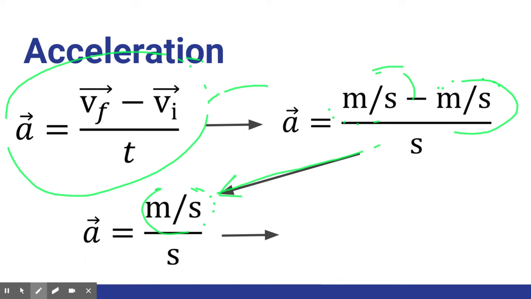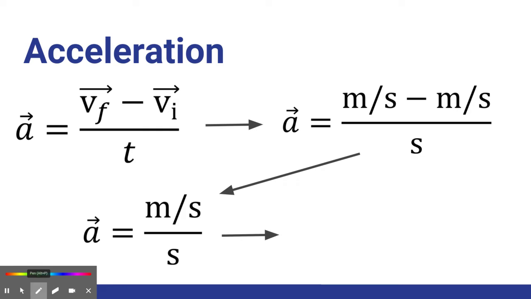We'd still have meters per second on top, but then we've got to figure out what to do here. Now we've got seconds, like we've got a fraction up top and then a fraction below the other fraction. So what do we do? What kind of units do we use here for acceleration?